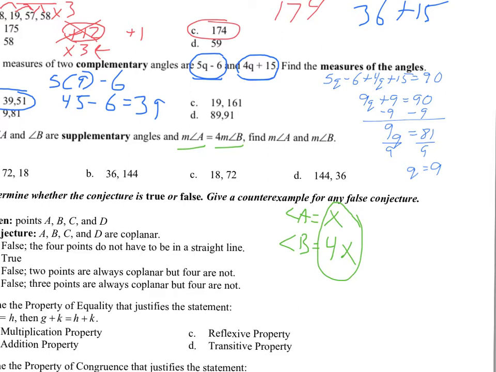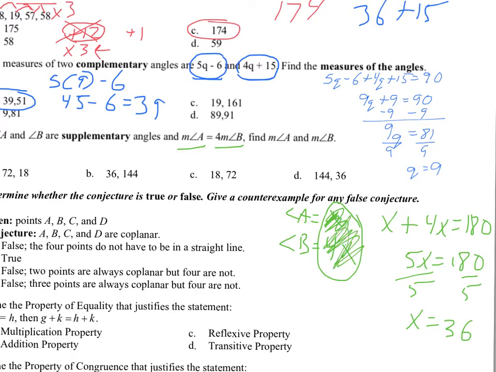Or we can actually say x plus 4x equals 180. So 5x equals 180. Divide by 5, and we get x equals 36. So that means that angle A is 36, and I'm sorry, I did mess this up. It should have been 4x. I'm struggling right now.